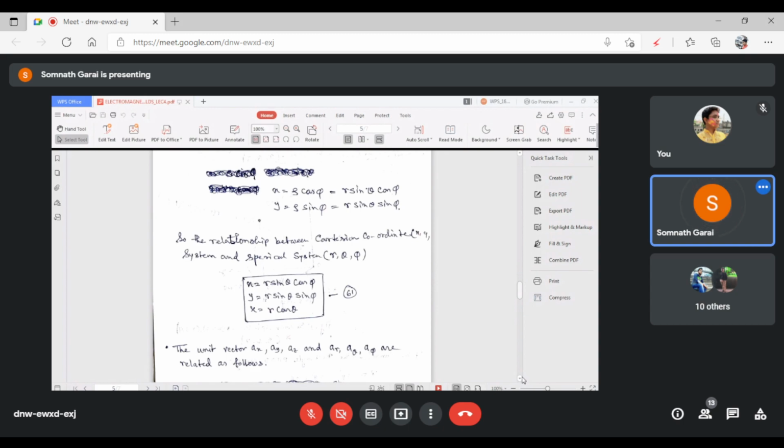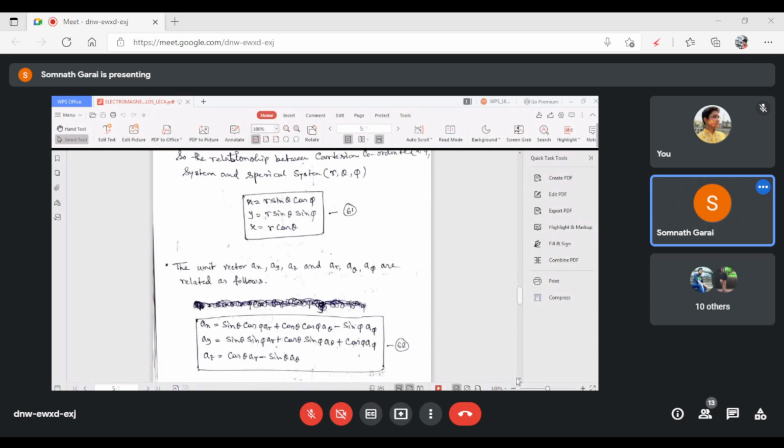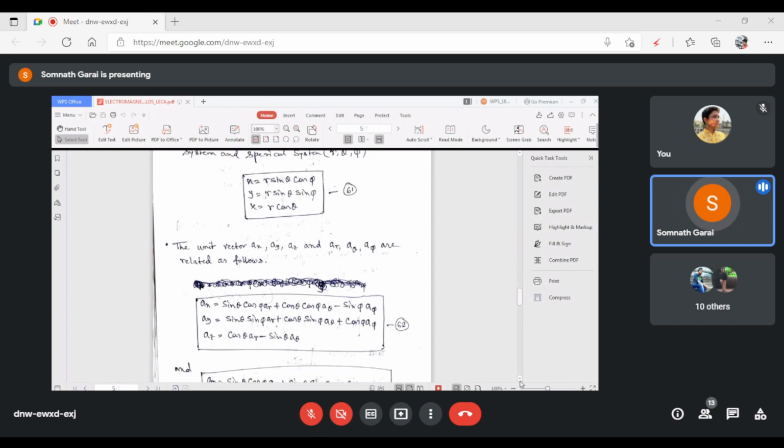Okay, very good. Now we develop the interrelationship between the unit vectors of the Cartesian coordinate with respect to spherical coordinate.